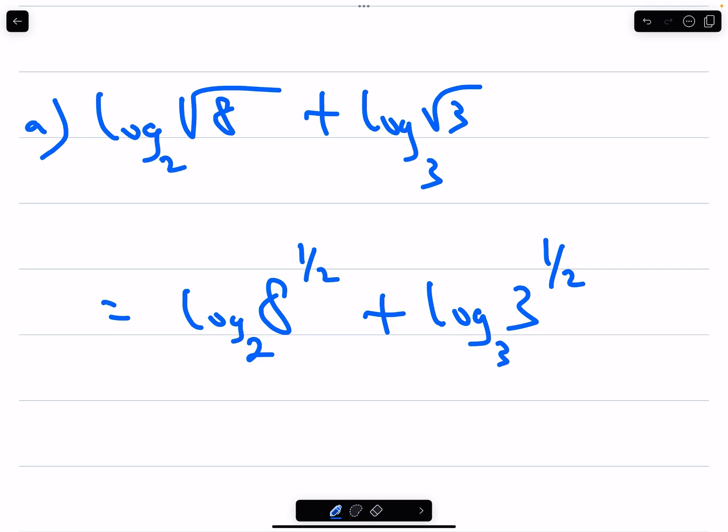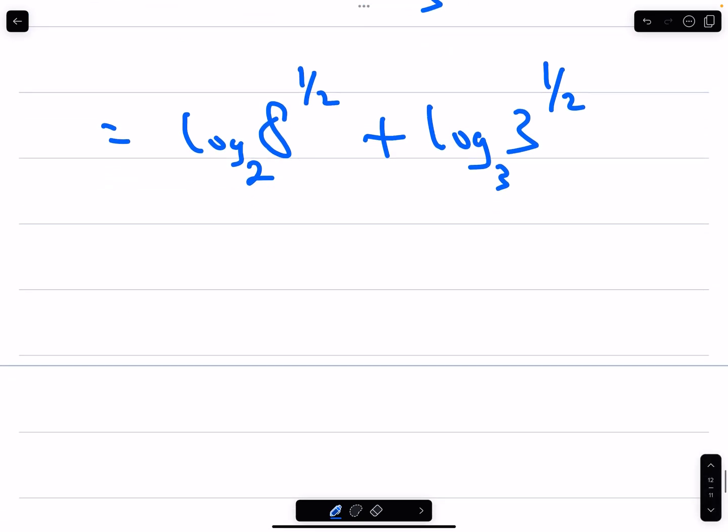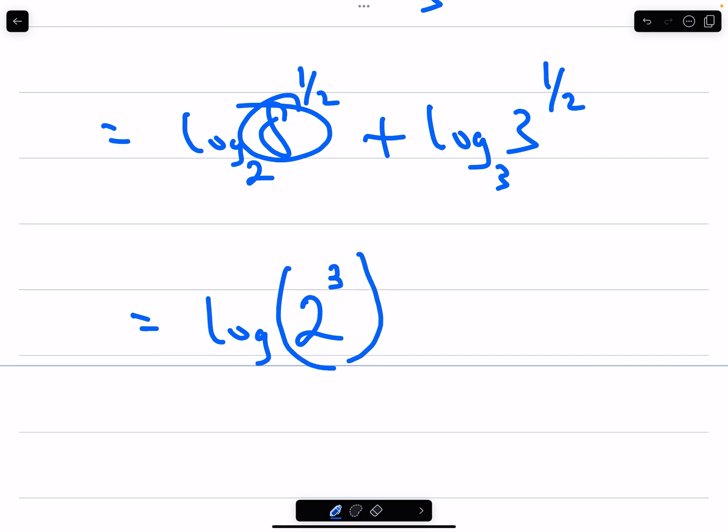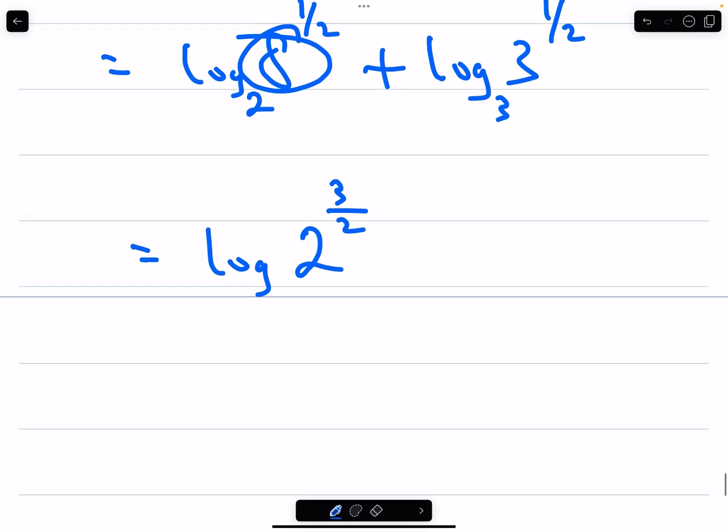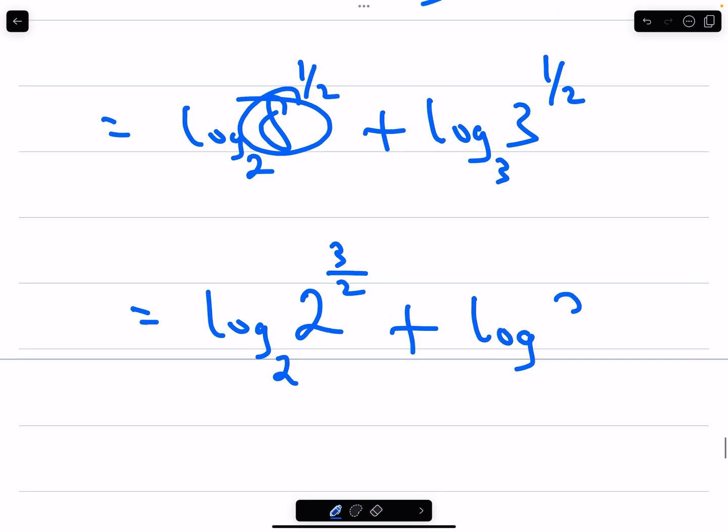So that will be log 3 raised to power half base 3. Now 8 is 2 raised to the power 3, so 8 raised to the power half will be 2 raised to the power 3 raised to the power half, which is the same as 2 raised to the power 3 over 2. So that's log 2 raised to the power 3 over 2 base 2 plus log 3 raised to the power half base 3.